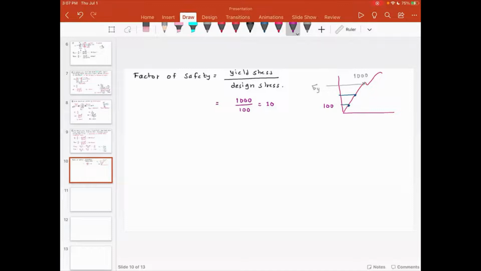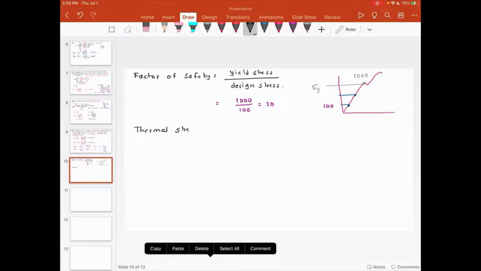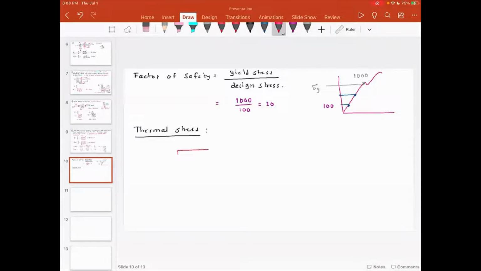Okay, now with this, what I want to do is touch upon something called thermal stress. Thermal stress is an interesting concept. Consider a rod, and this rod maybe is left in the sun and gets hot.